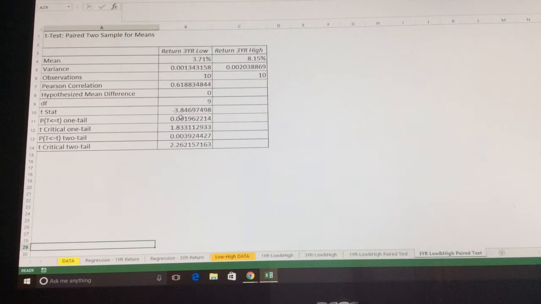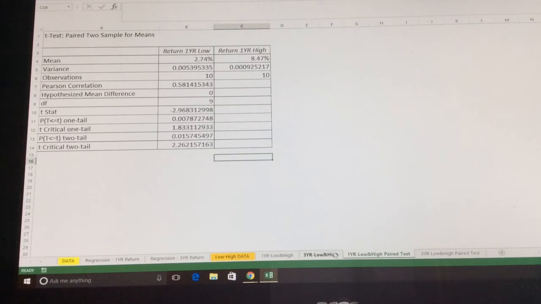So we see some significance in this data. The p-value here on the one tail, 0.00196, so below 0.01 and 0.05. Very significant.